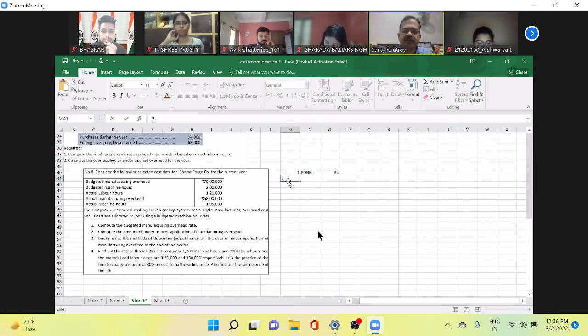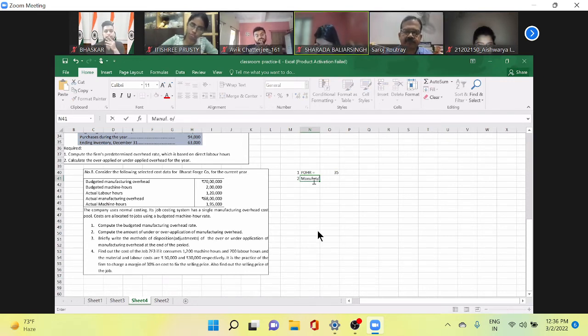Second question, compute the amount of under applied or over applied overhead. For that, we have to first find out manufacturing overhead applied. The formula is POHR multiplied by actual machine hours.